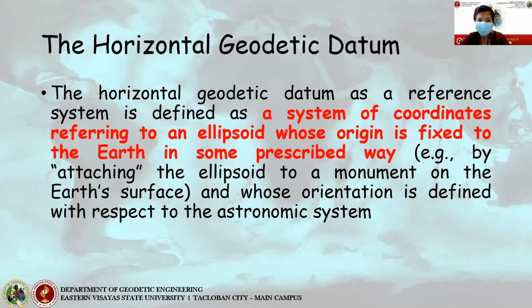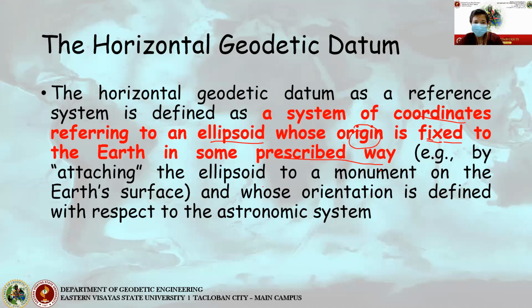Okay, so the horizontal geodetic datum as a reference system is defined as the system of coordinates. We have the longitude, the latitude, and the height, coordinates referring to an ellipsoid whose origin is fixed to the Earth, for example, the Balanacan, in some prescribed way. We say prescribed way with a certain position, orientation, scale, and coordinate.